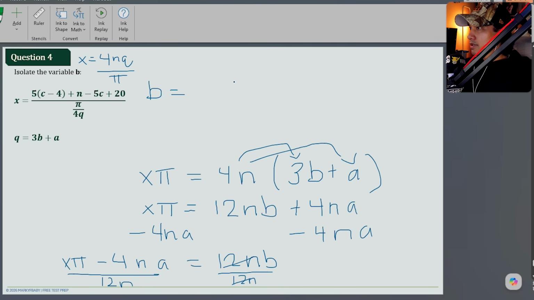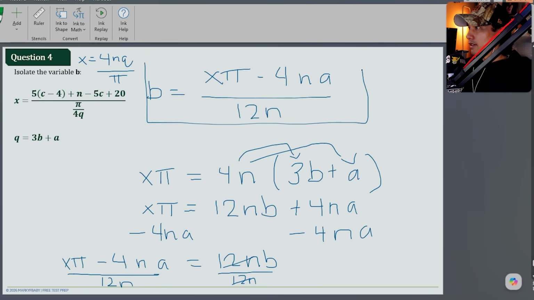B equals x pi minus 4na over 12n. And this is our simplified and isolated equation for B. Okay? That was a monster.